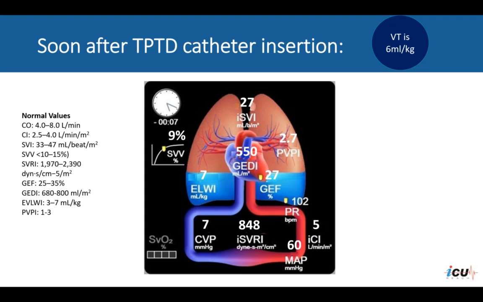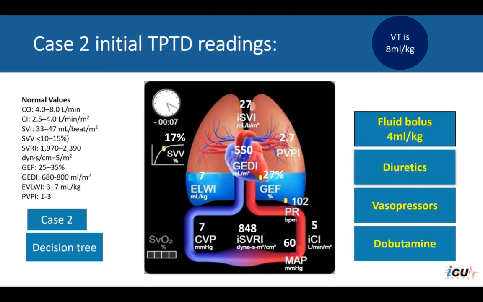So let's go up to 8 so we can actually get an accurate number. So here we went up to 8 ml per kg on the tidal volume. Now we got stroke volume variation of 17%. So clearly this patient is having preload problem.